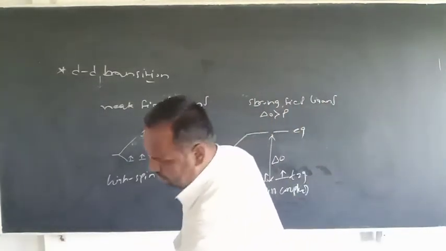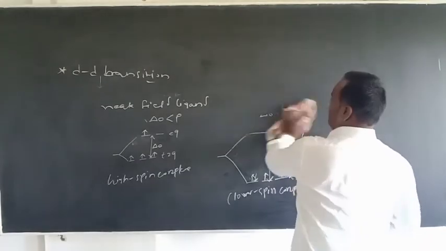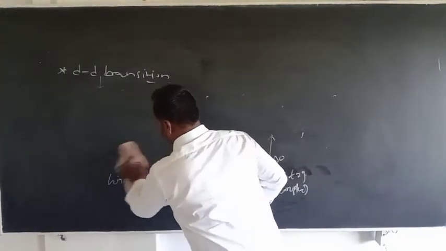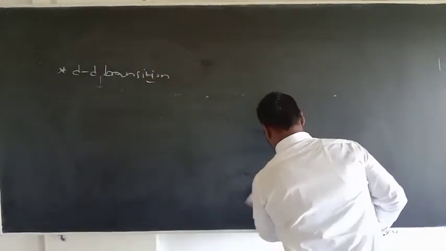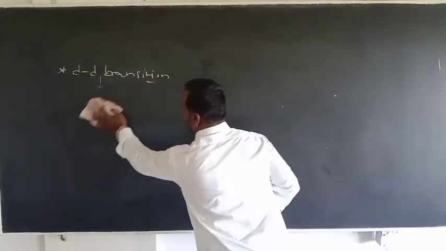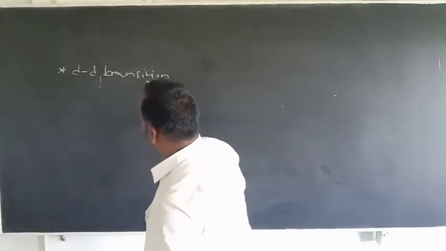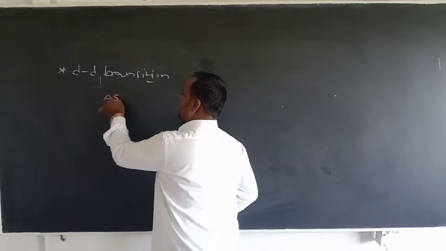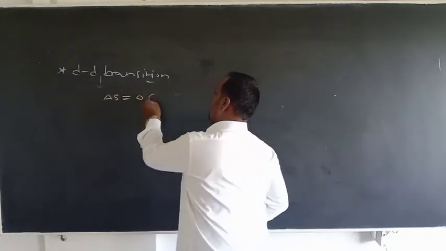Let us consider the selection rule for these d-d transitions. The selection rule for d-d transition is: if delta S is equal to 0, then it is spin allowed.